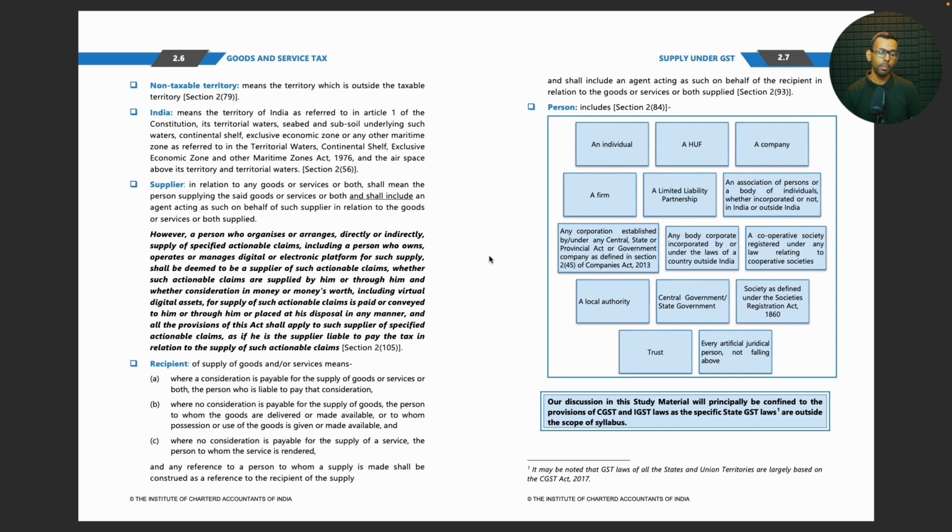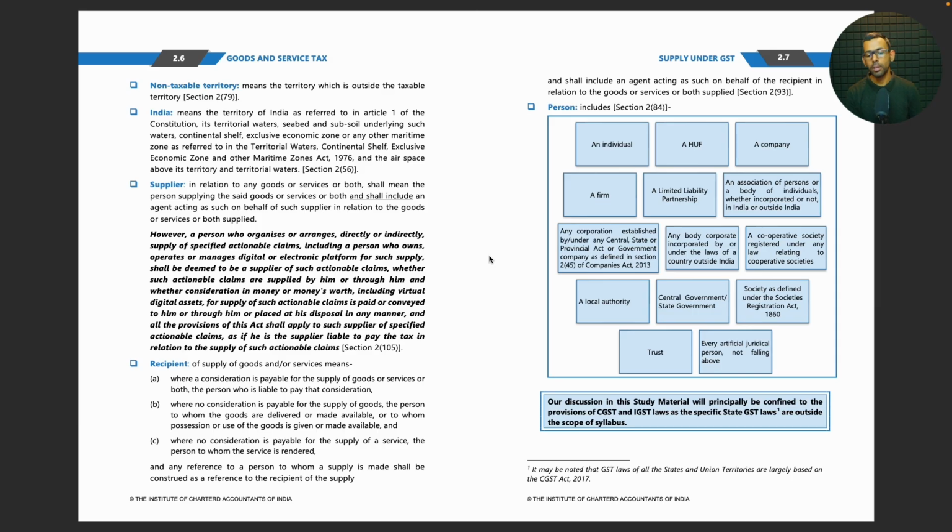Recipient of supply of goods and or services means where a consideration is payable for the supply of goods or services or both, the person who is liable to pay that consideration. Where no consideration is payable for the supply of goods, the person to whom the goods are delivered or made available, or to whom possession or use of the goods is given or made available.